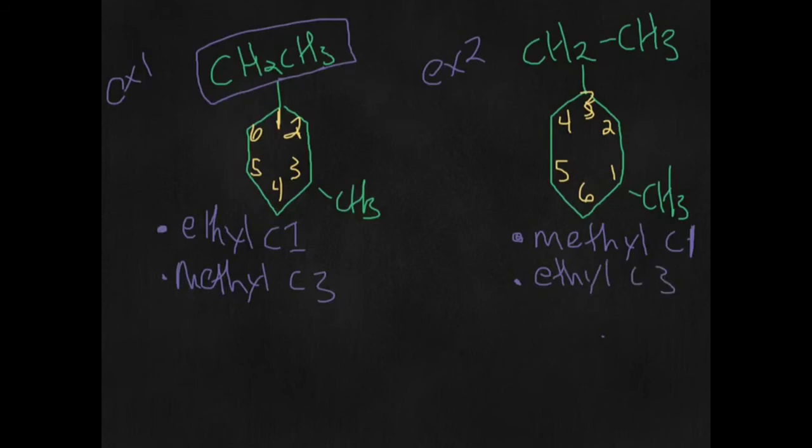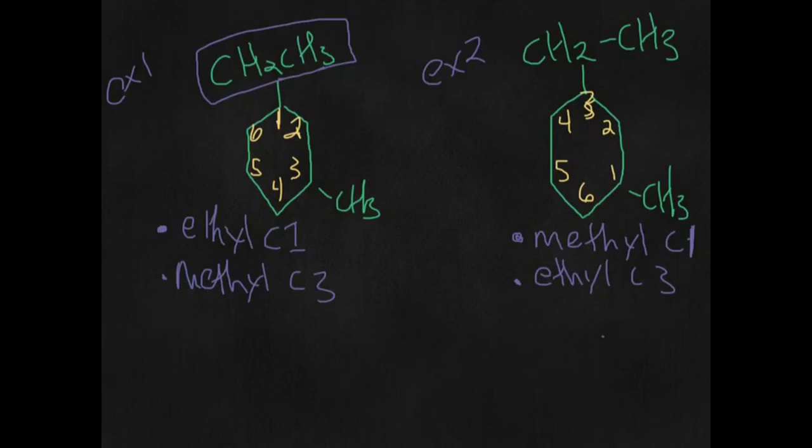So we want to know which one's right and which one's wrong. To find out, we want to number the ring to assign the lower number to the substituents alphabetically.